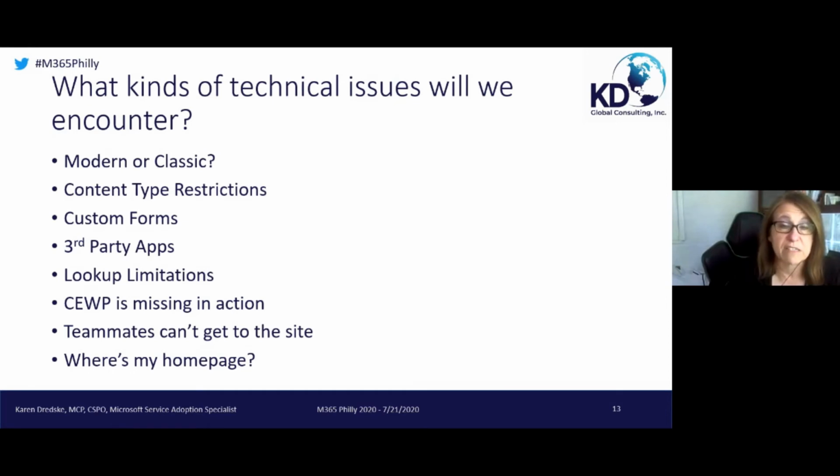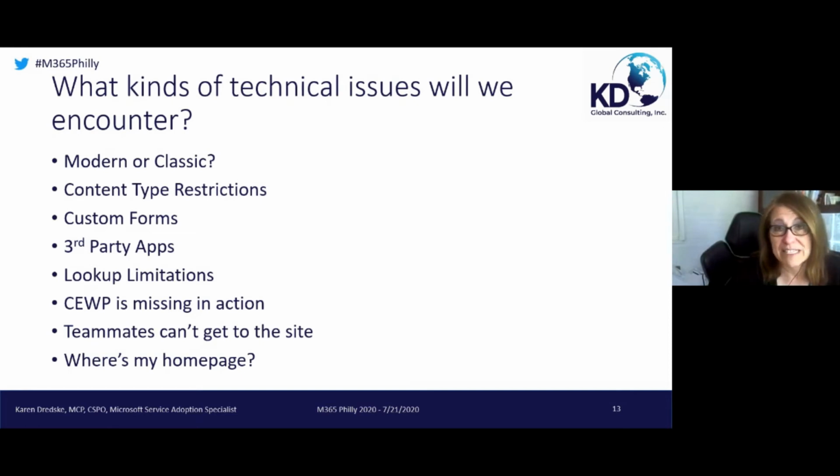I used to also miss things like the content query web part and the content search web part, because those are so very, very powerful. However, there is a new highlights web part in modern sites that I've noticed in the last 6 months has gotten much more complex. That it's almost a combination of the two. So I'm really excited about that, even though I wasn't previously.